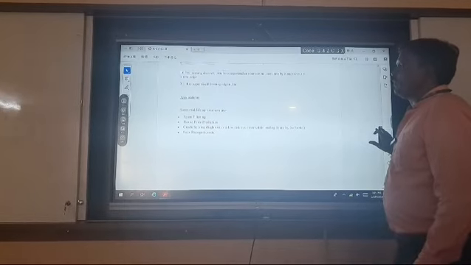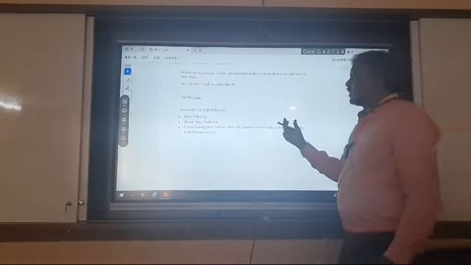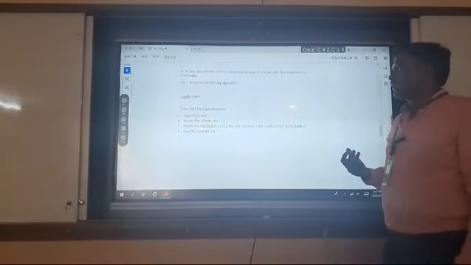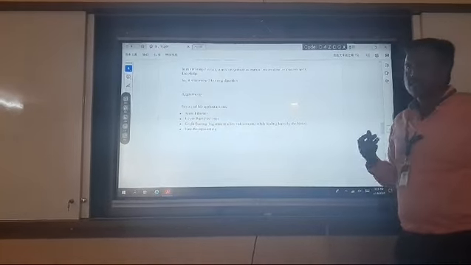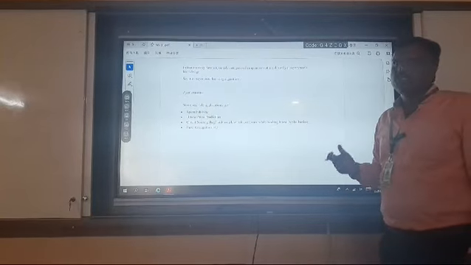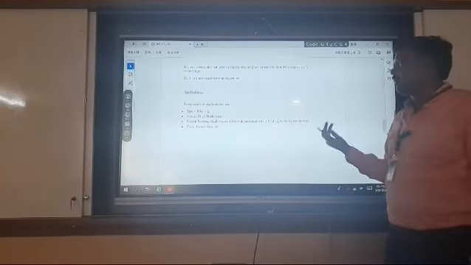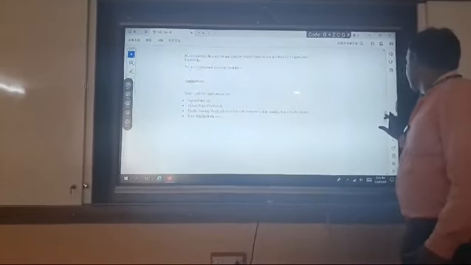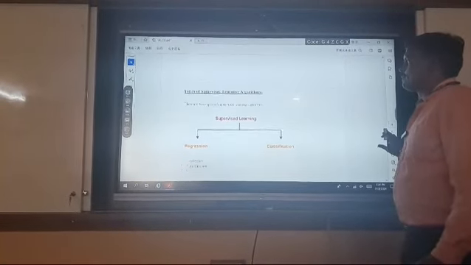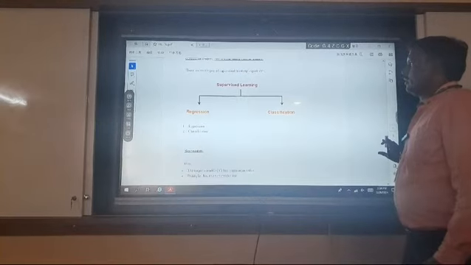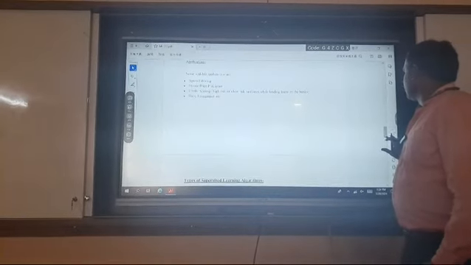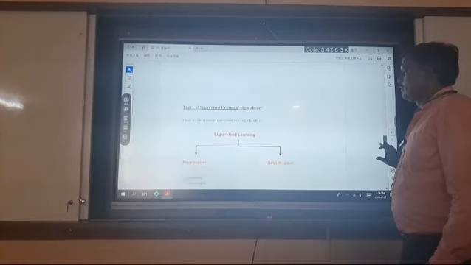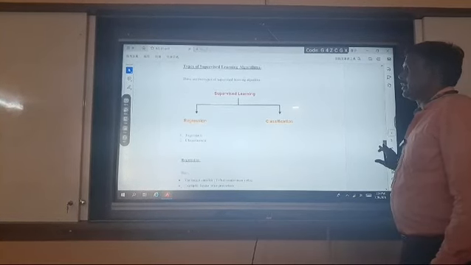Some real-life applications of supervised learning are spam filtering, house price prediction, credit scoring, where depending on the credit score, the risk can be identified easily, and face recognition. There are two types of supervised learning algorithms: regression and classification.